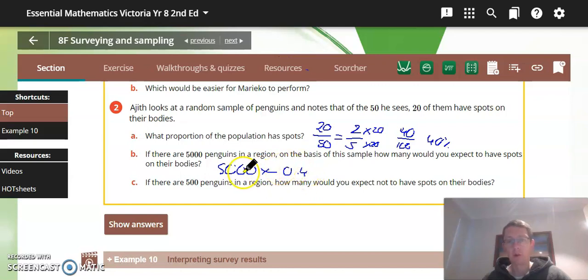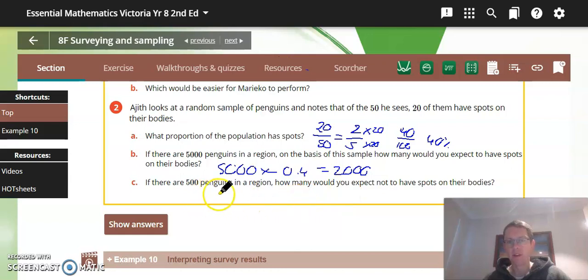If you think of 10% of the population, that would be 500, and you've got 4 lots of 10%, which gives about 2,000. If you think about it, 40% is a bit under half, so 2,000 I'd expect to have spots. So this is where we can do a sample of something, then look at a different region, and use that data to apply to another scenario and scale that up.